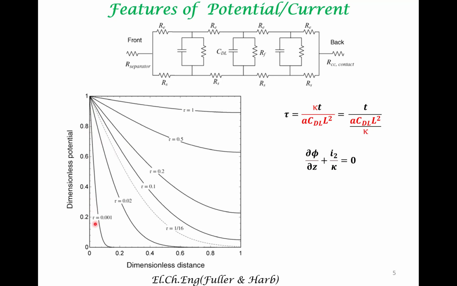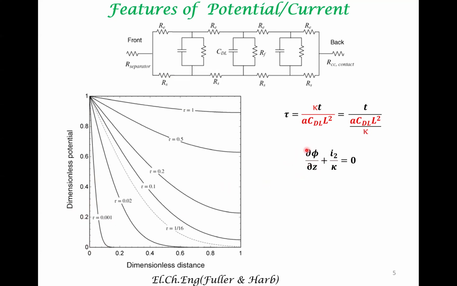So in this case, for example, when tau is a small quantity, what we see is that the potential drop is in the front part of the capacitor. Only in this region, let's say, the entire potential drop is faced.